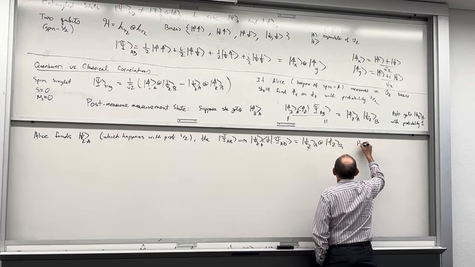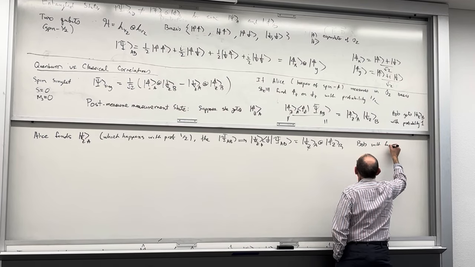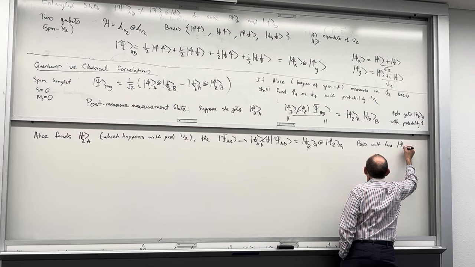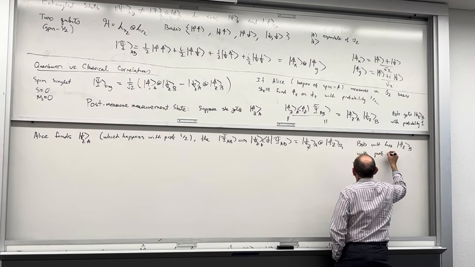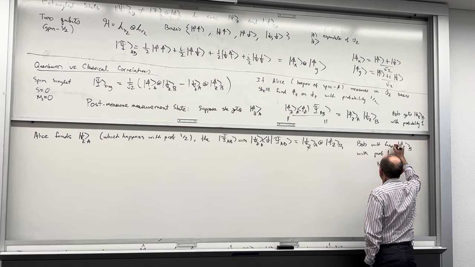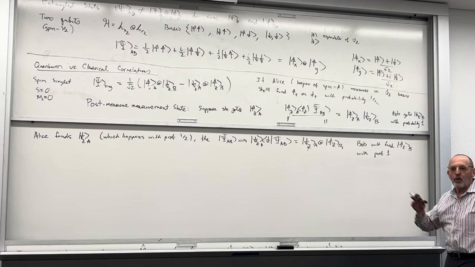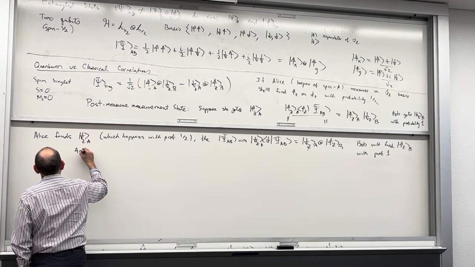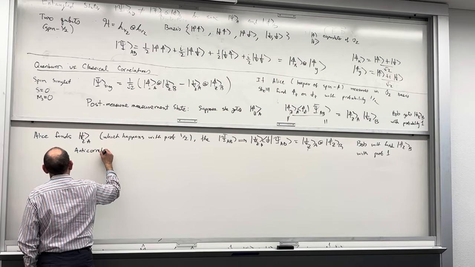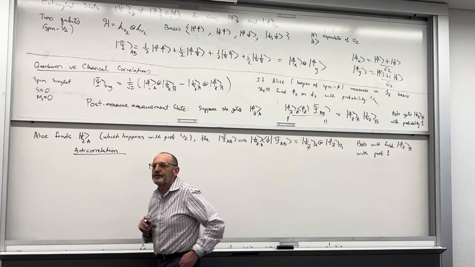Which means Bob will find spin up along Z with probability 1. Right? So there's an anti-correlation in this case.